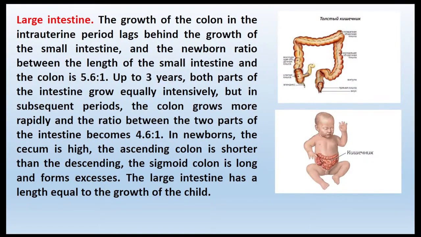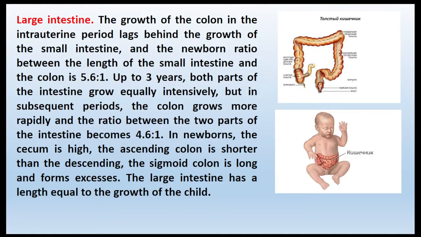Large intestine. The growth of the colon in the intrauterine period lags behind the growth of the small intestine, and in the newborn the ratio between the weight of the small intestine and the large intestine is 5.6 to 1.